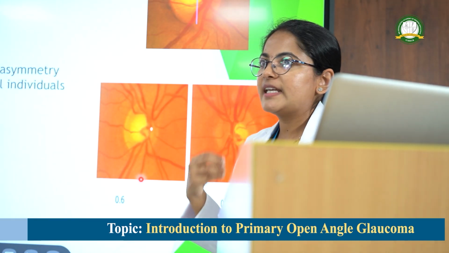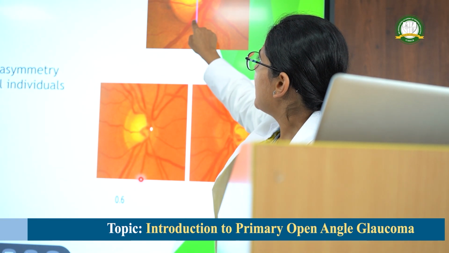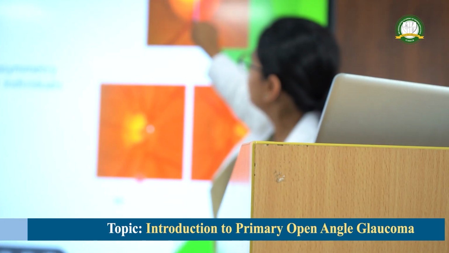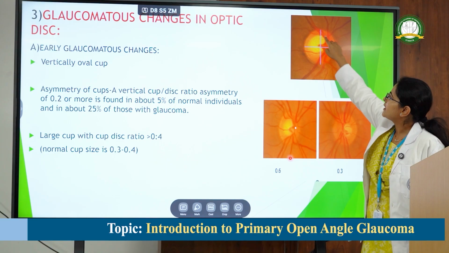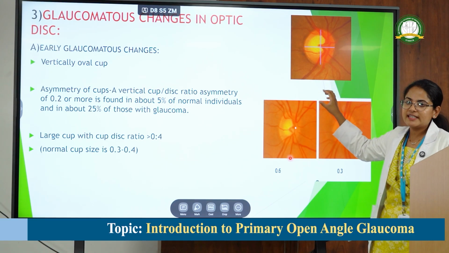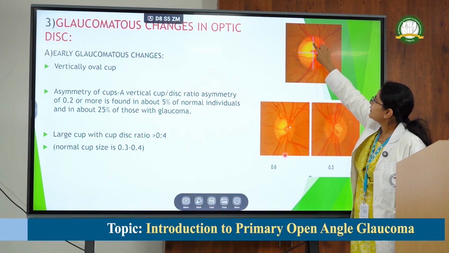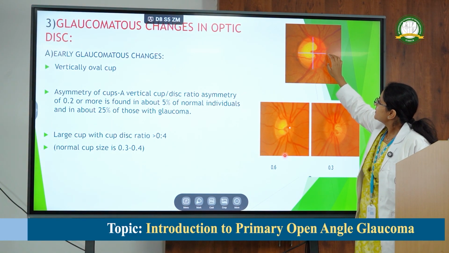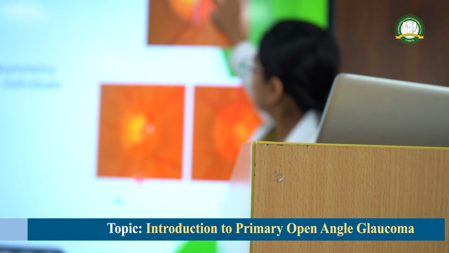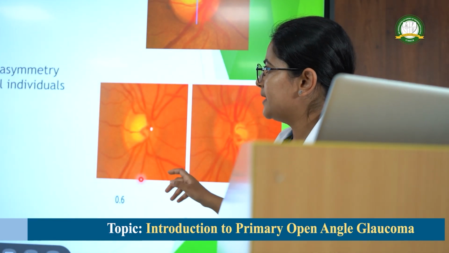So when the pressure increases over the glial tissue, there is more chance of nerve being affected in the inferior region and superior region. That's why there is oval cupping. First inferior pole is affected, then superior thinning of retinal rim, then nasal thinning of retinal rim, and last temporal thinning of retinal rim is observed.